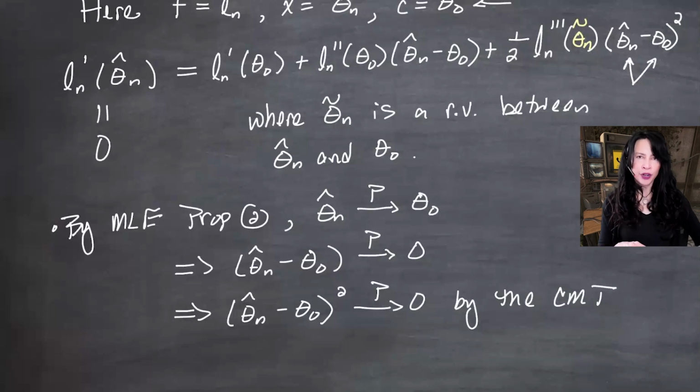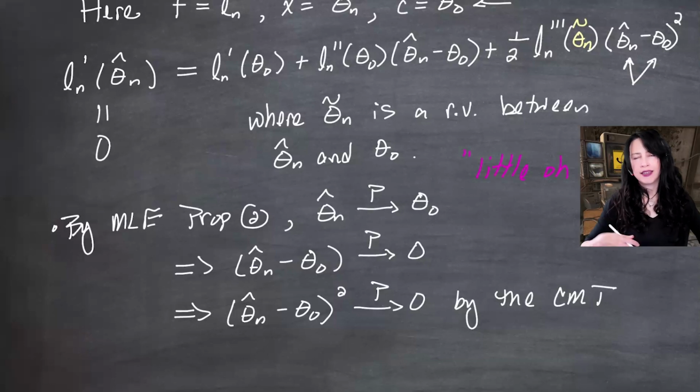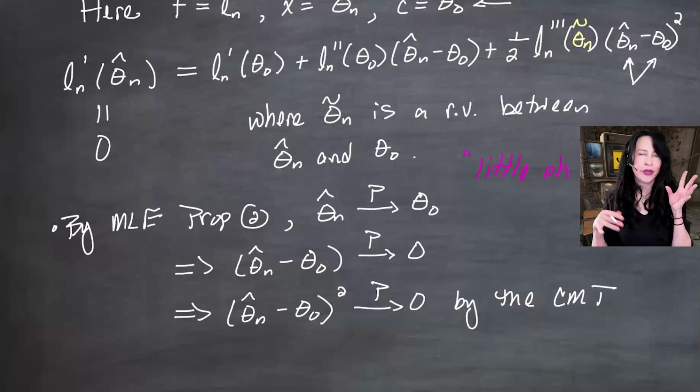If you are familiar with and comfortable with little o arguments in analysis, and more specifically, the analog in probability, which are called little o p arguments, then you can do this a little more formally rather than saying this thing is negligible. It has a specific meaning about how it's going to go to 0 when you divide by a certain thing.